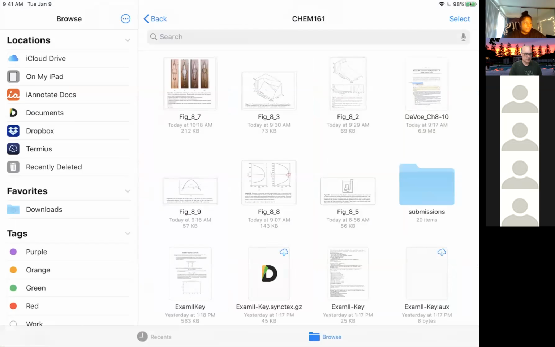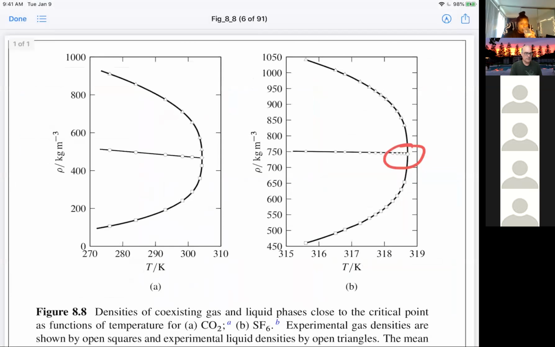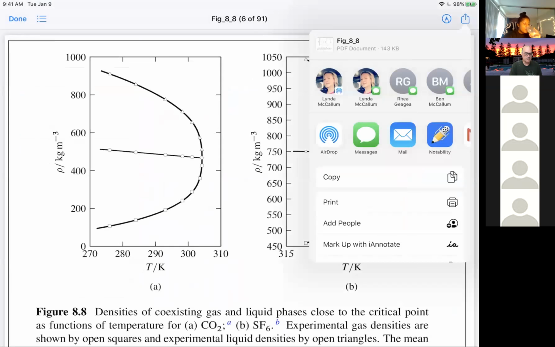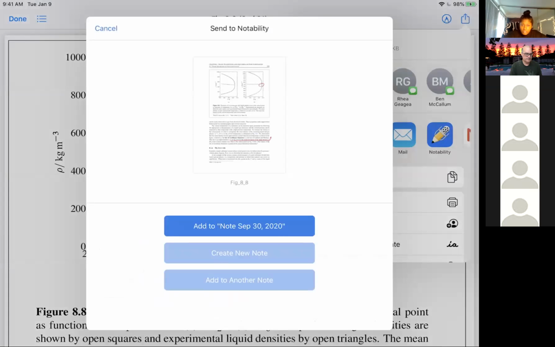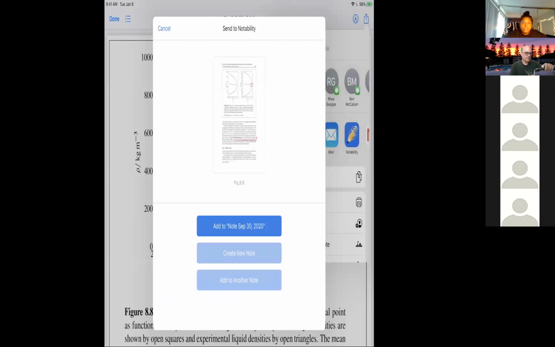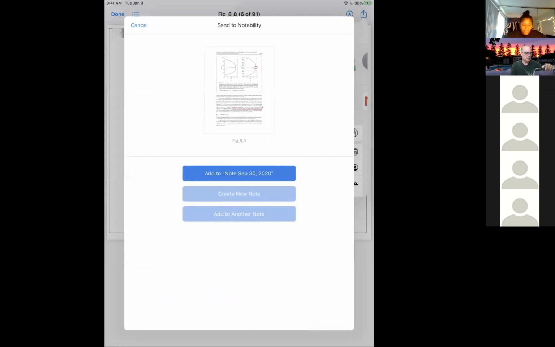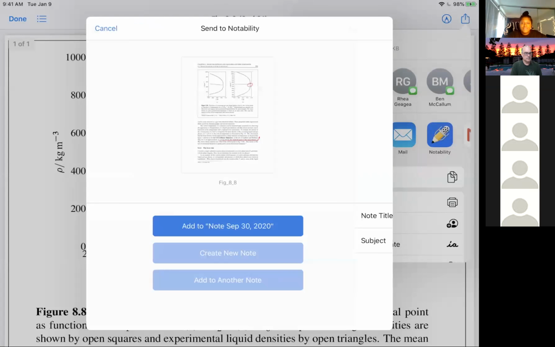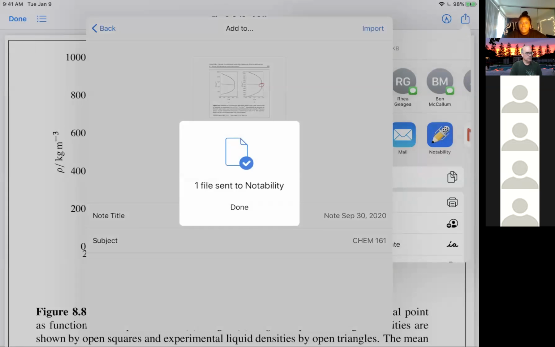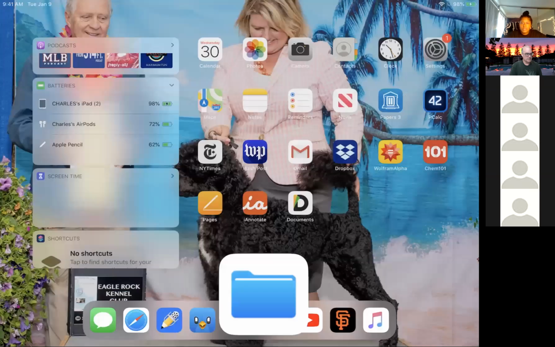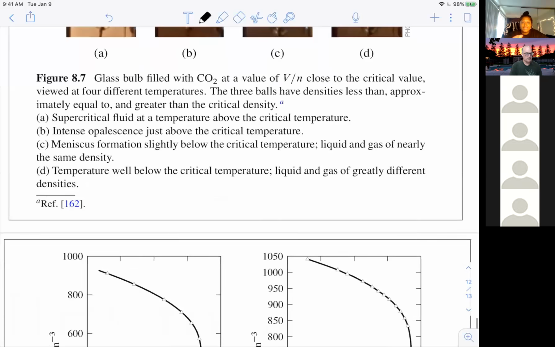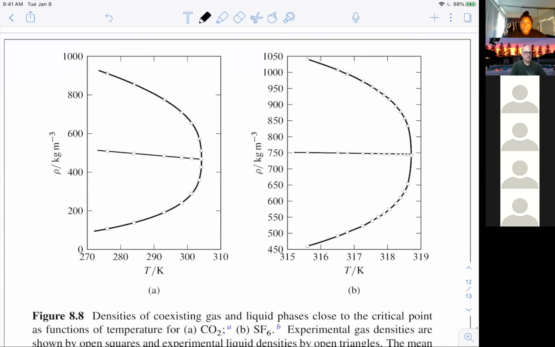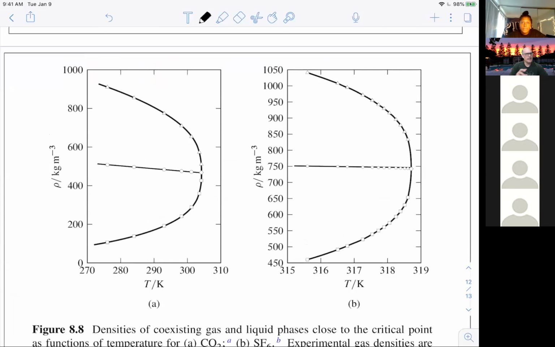Let me find a figure. Come on. Boy, I hope my iPad's not broken. That's really not going to be a good thing. Apologize for this. I don't know of a better way to import this stuff except on the fly. If you do it beforehand, you end up not being able to add stuff.